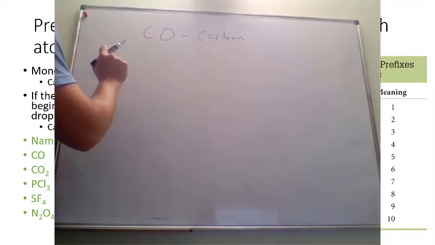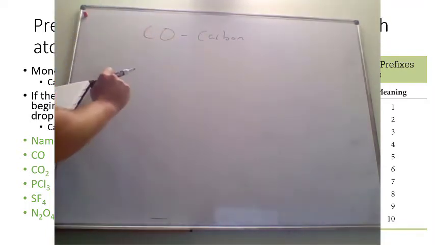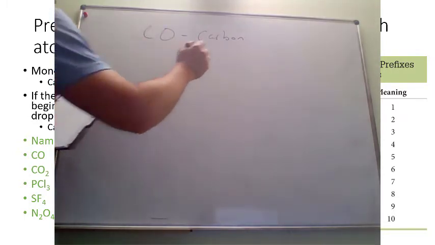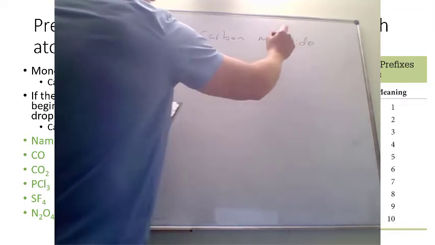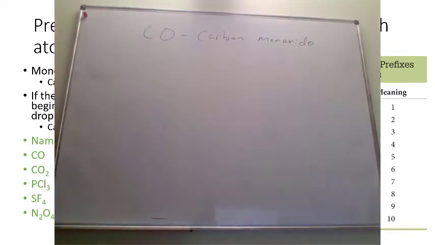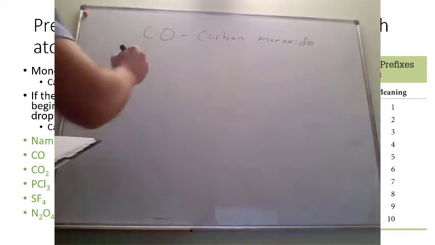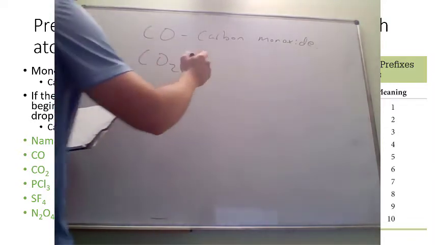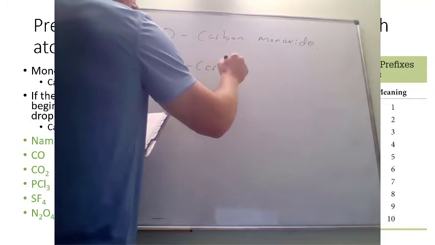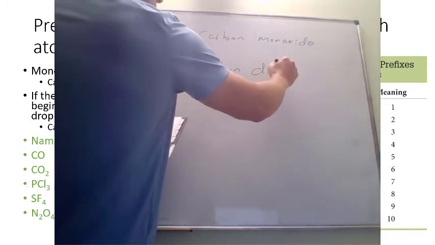Carbon is the less electronegative, oxygen's the more electronegative, so that comes second. Carbon monoxide. And we drop that O on mono to make it carbon monoxide. CO2. Okay, again, it's monocarbon, but we drop the mono, so carbon dioxide.